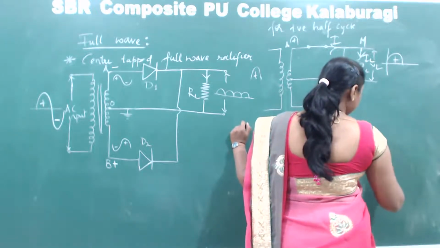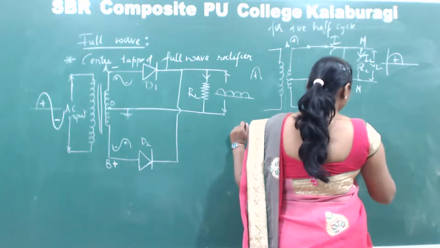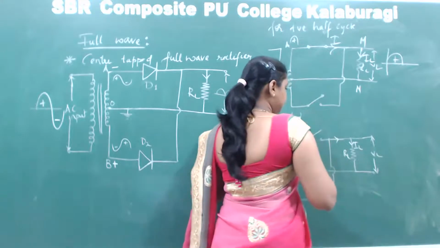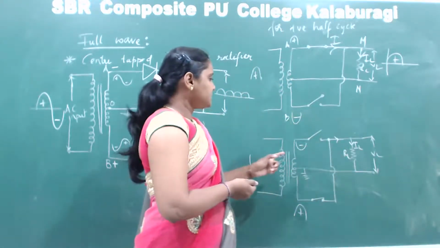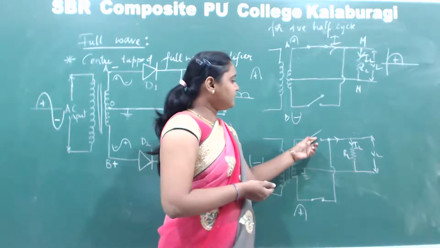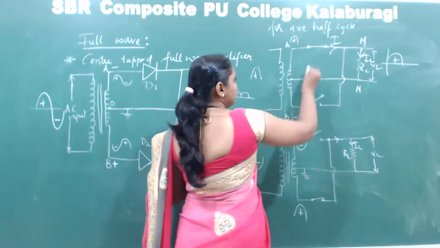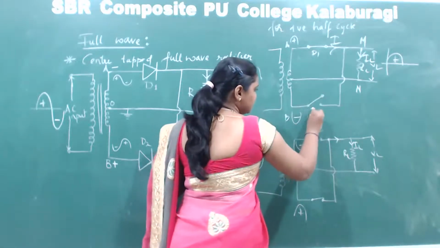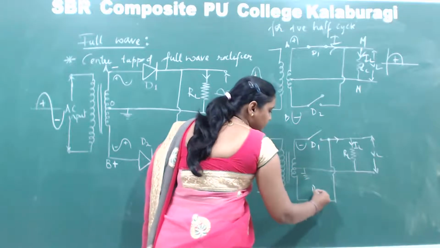Here we can observe the load voltage, this is the RL through which the IL flows. But how? Because this diode is off, so there will be no current flowing through here. This is D1 that is open, and D2 is closed now.